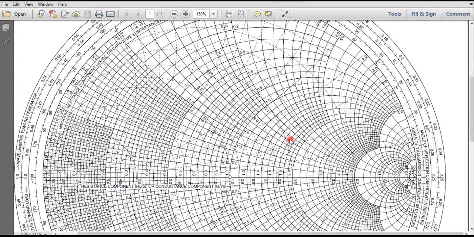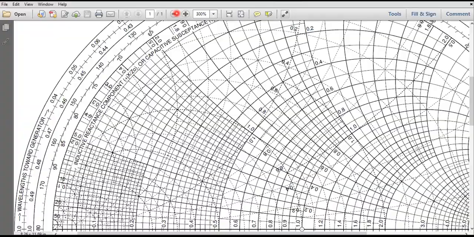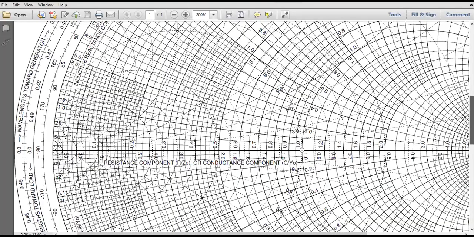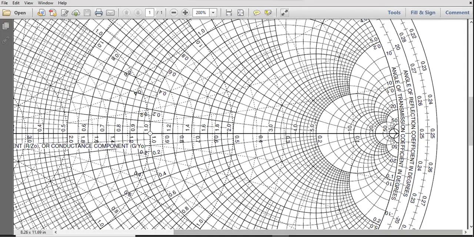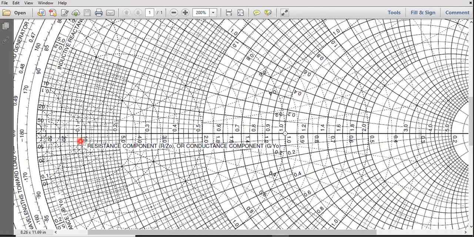Okay, so this is the simple part. Now you just go for the location of 0.2 plus j0.2. Where is 0.2? You can go for the real part. Your 0.2 is here, this is your 0.2 circle, the upper circle.